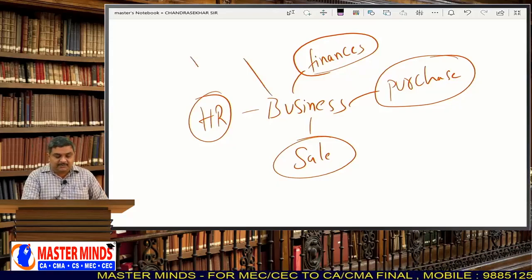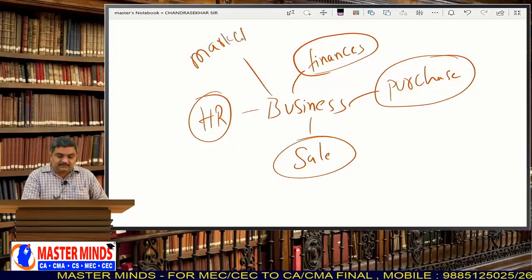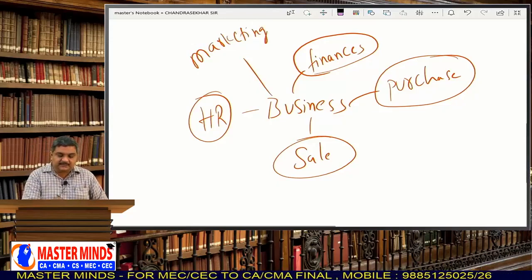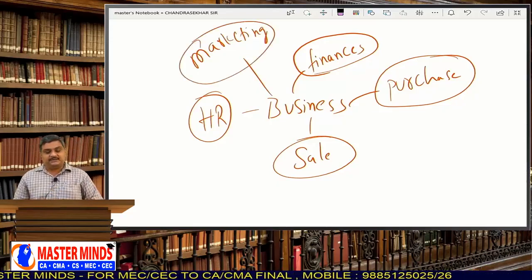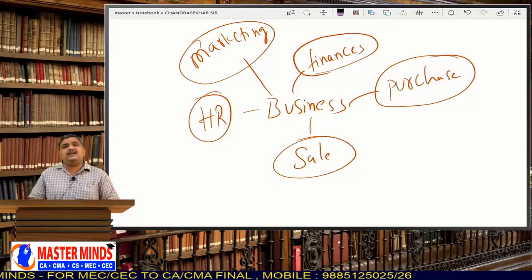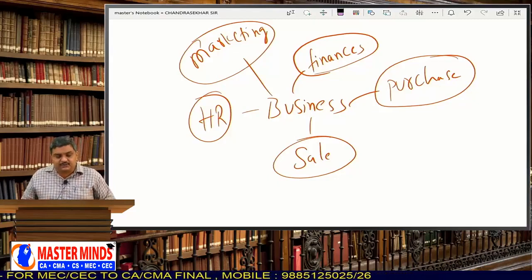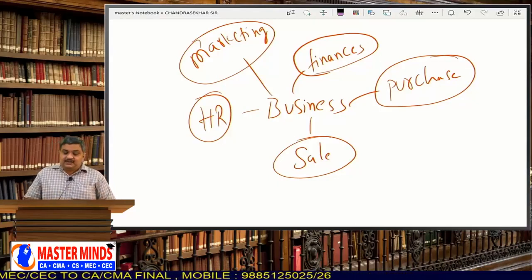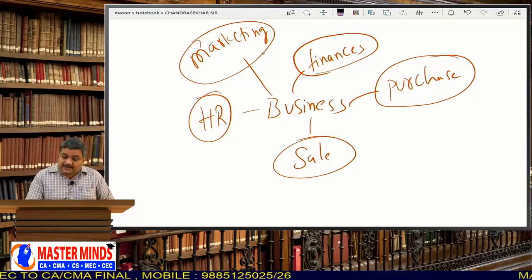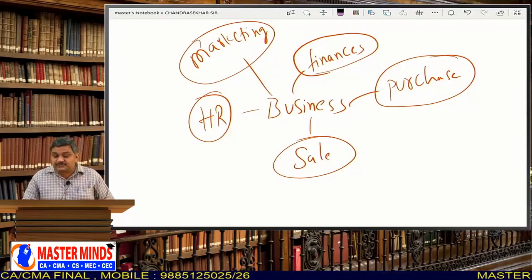Likewise, there will be marketing, looked after by a separate department, isn't it? Yes. Now, of course, there will be many other things in business, but I have given you a basic list. So, these all can be thought of as components of the business.